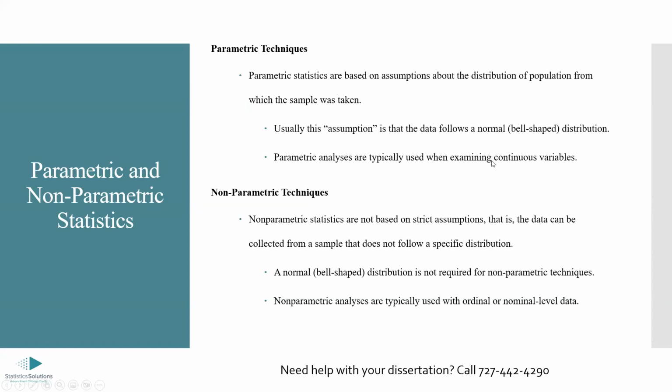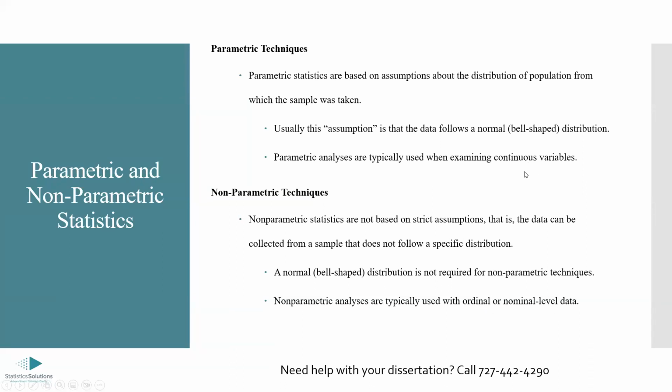Usually if you have a continuous variable, the goal can be to run parametric analyses. Non-parametric techniques do not have such strict assumptions, meaning the data doesn't have to follow a bell-shaped curve. And non-parametric techniques typically involve ordinal data or nominal level data.